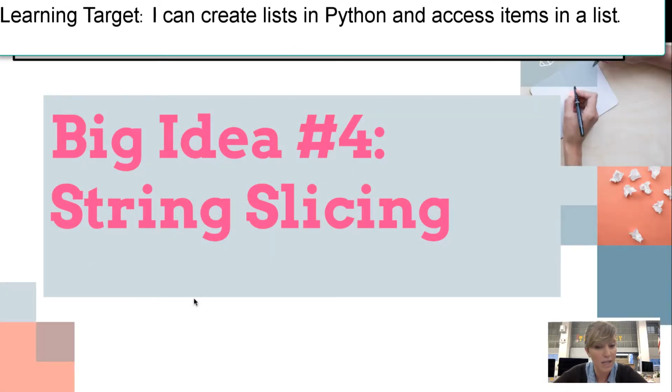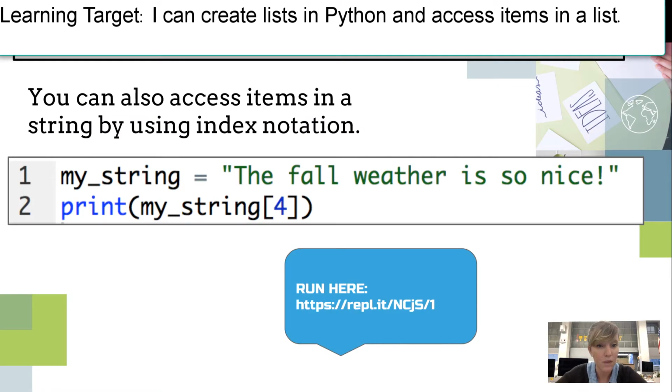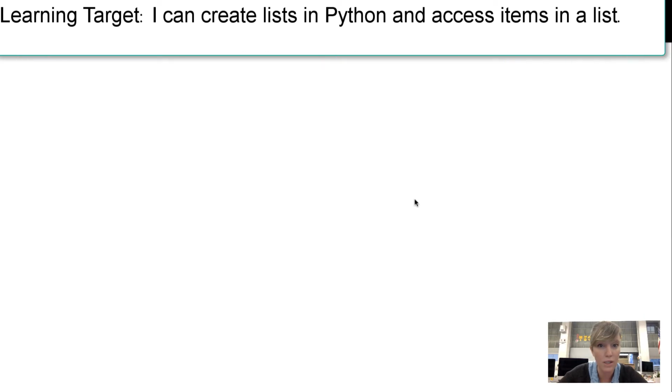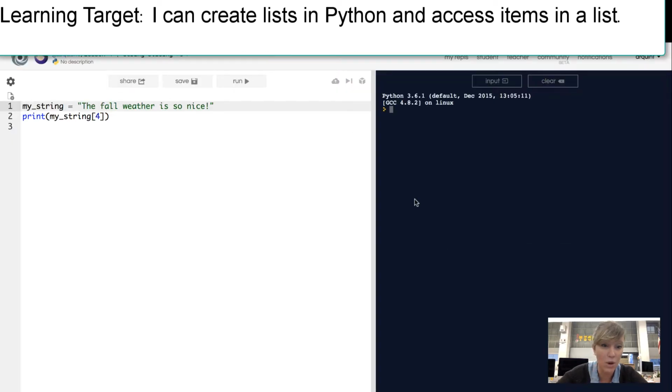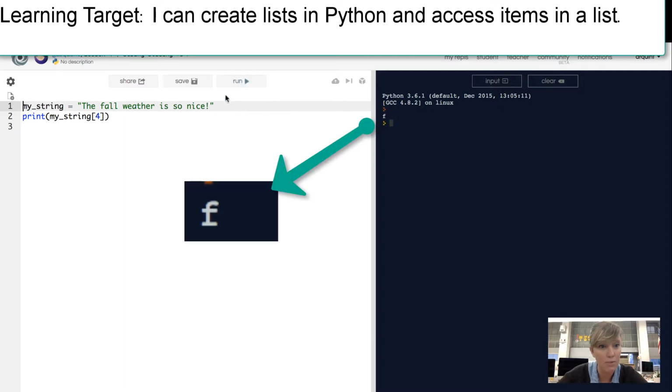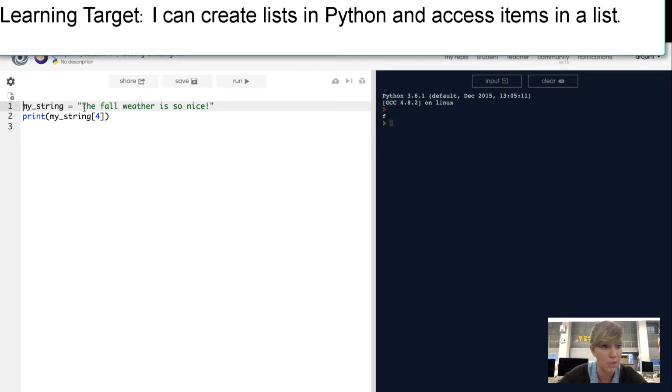Okay, the next big idea is called string slicing. String slicing uses the same idea of index notation, but you're using it to access items in a string. So if I said print out my string 4, let's see what that does here. I run it and it prints out F. That's because each item in a string also has a particular position.